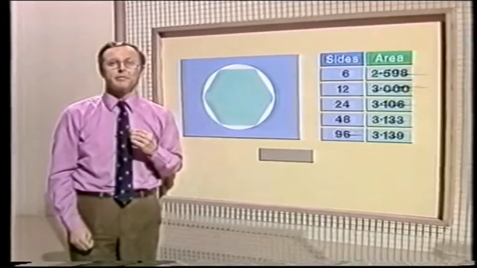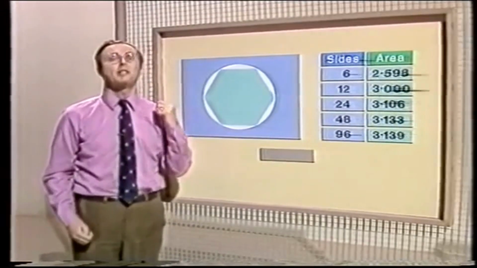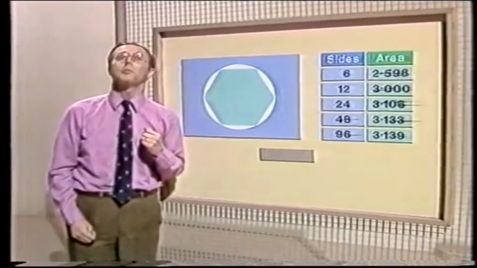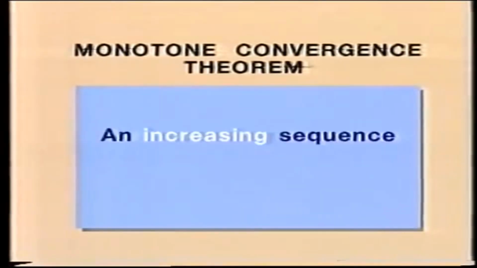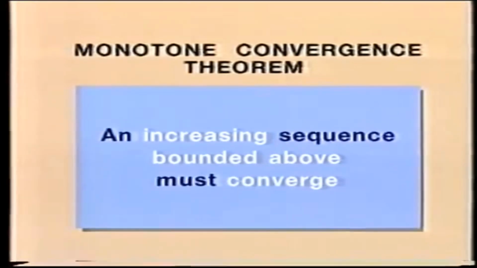But how do we know that this sequence really converges? Well, we do know it converges because it's a special case of an important theorem called the monotone convergence theorem. Whenever we have an increasing sequence of numbers which is bounded above, then it must converge. We don't always know what the limit is, but this theorem tells us that it must exist.